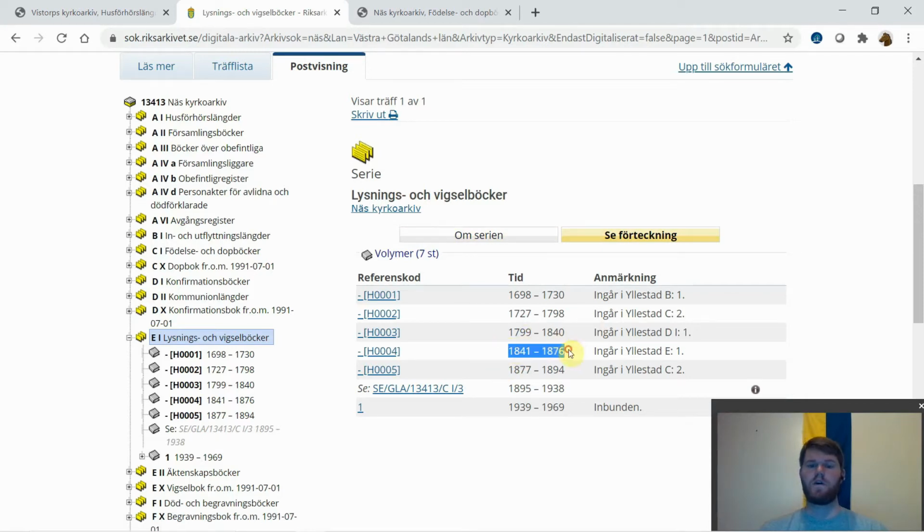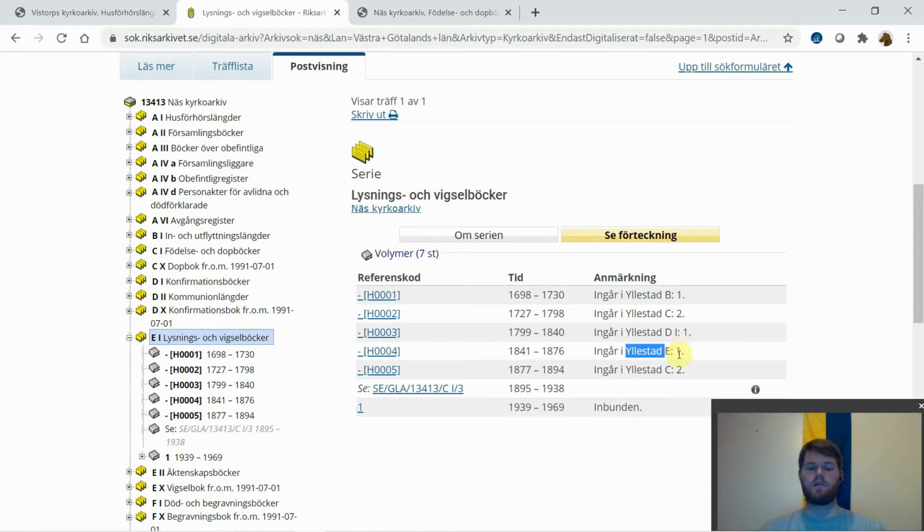Here's the correct book we want. As reviewed in a different video, this right here means that it's found in a different book entirely. So the marriage that we're looking for is actually going to be in this book right here.